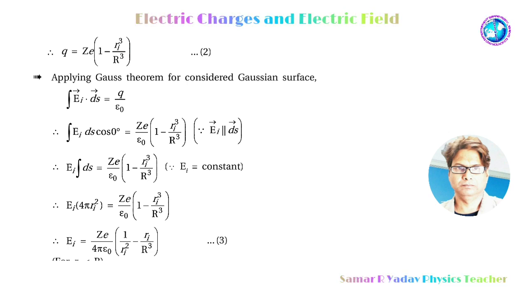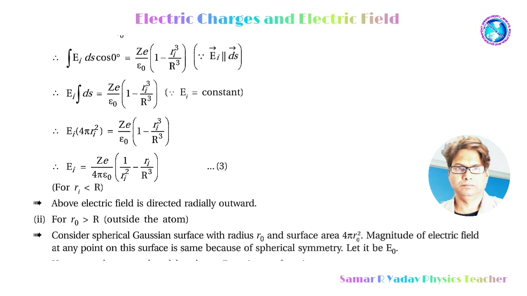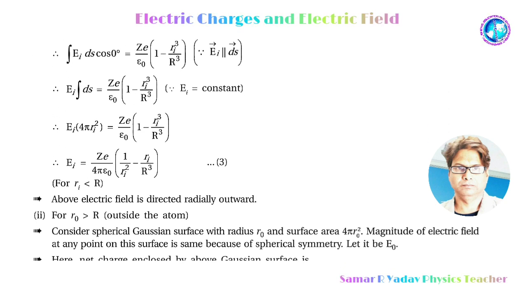Here vector Ei is parallel to vector ds. Therefore, Ei integration ds is equal to Ze upon epsilon 0 in brackets 1 minus Ri cube upon capital R cube. Ei is constant. Ei in brackets 4 pi Ri square is equal to capital Ze upon epsilon 0 in brackets 1 minus Ri cube upon capital R cube.